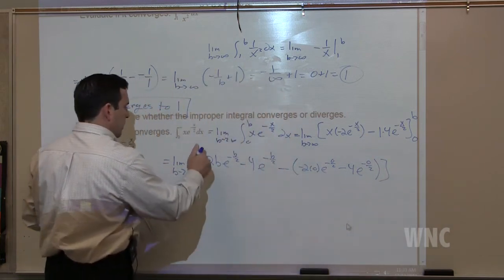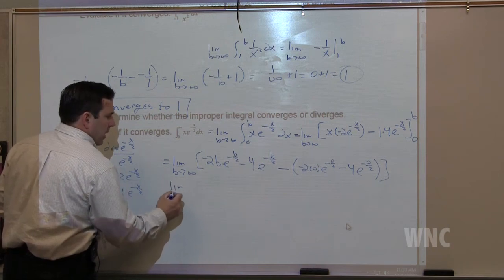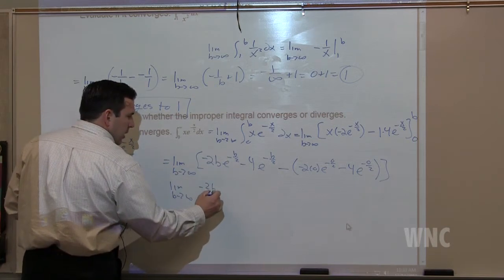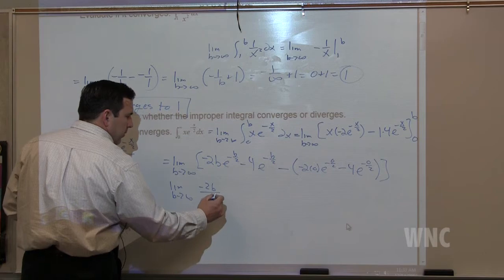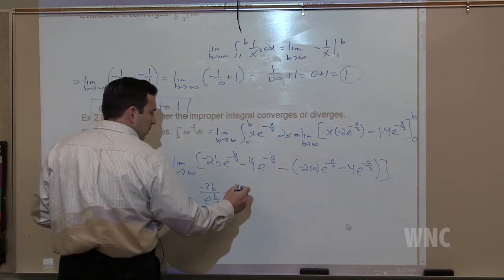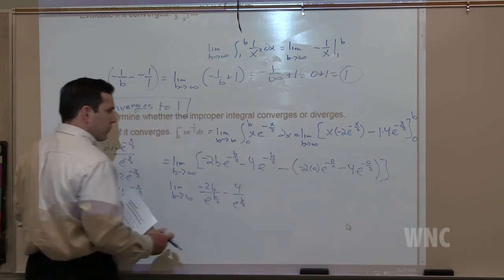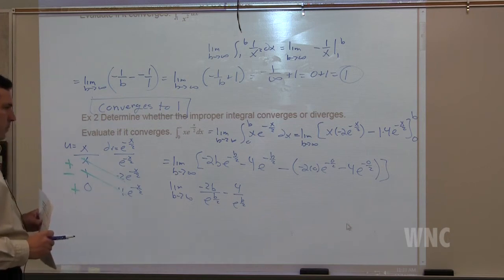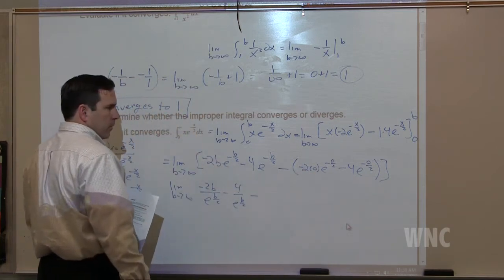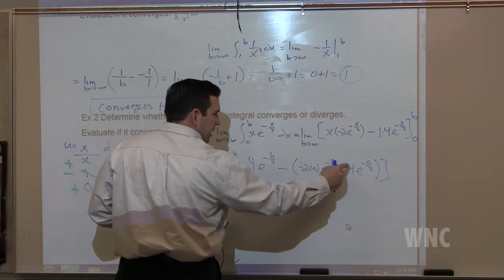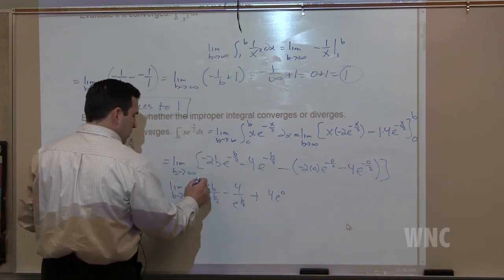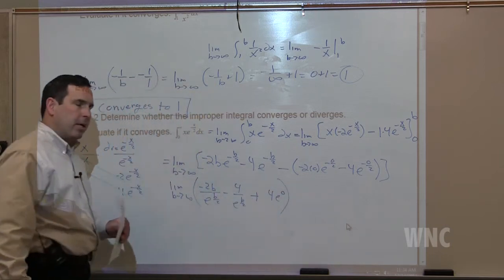Let me write this a little differently: negative 2b over e to the b over 2 minus 4 over e to the b over 2, and minus, what do we have over here? 2 times 0 is 0, so minus a negative makes it plus 4e to the 0 power. This part is not affected by b at all.